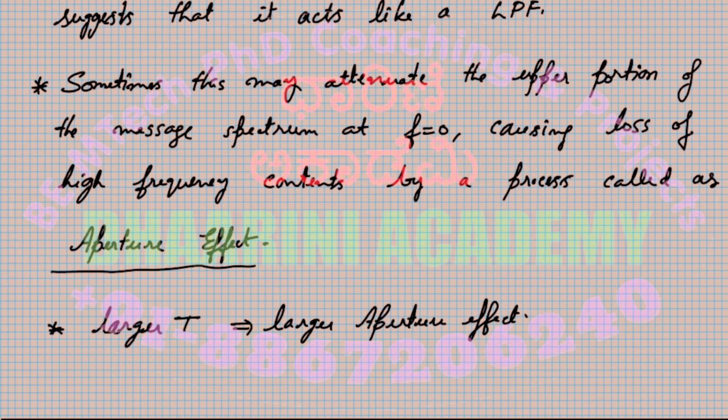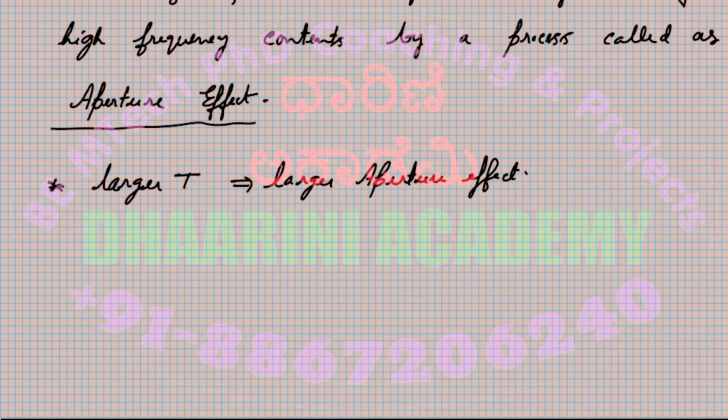The aperture effect can be compensated by using an equalizer of certain magnitude response cascaded with the reconstruction filter. That's the idea we have to follow in order to compensate this. There are devices called equalizers. Using the equalizers, you can compensate the effect of aperture.